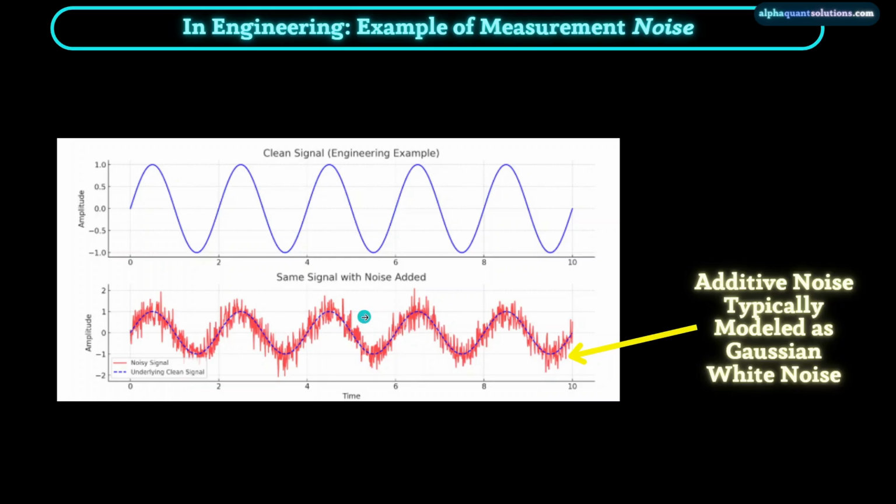That's what is meant by white. And finally, the word Gaussian refers to the values of this noise, which follow a bell-shaped or normal distribution. So this Gaussian white noise is a common model for unpredictable disturbances in science and engineering.